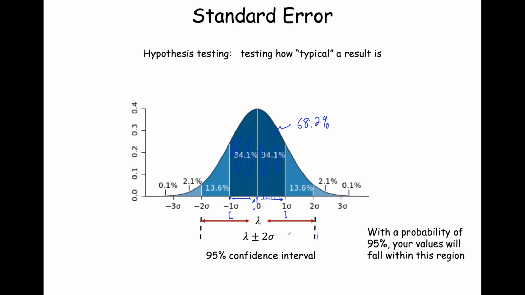If it's outside this 95% confidence interval, then you say, aha, this is not typical of the distribution of legitimate emails, and therefore I'm going to tag this as spam. So this standard error is immensely useful for hypothesis testing. Suppose you're measuring heart signals. You want to know if a particular heart rate at some moment in time is typical of the patient's usual distribution of heart rates.